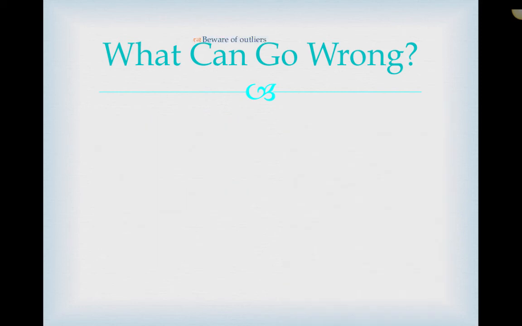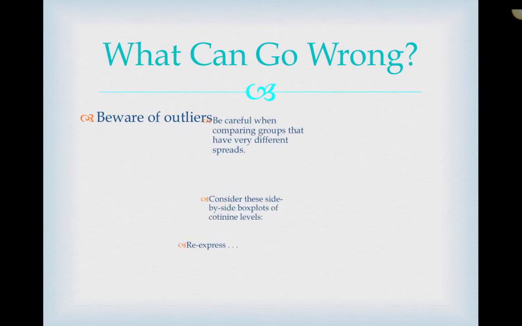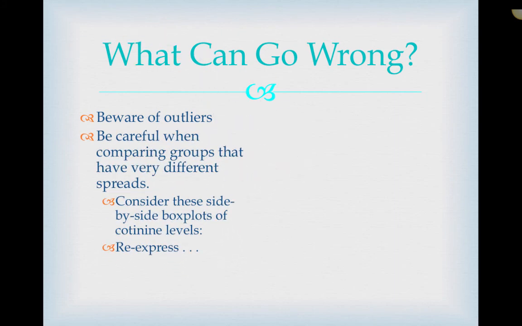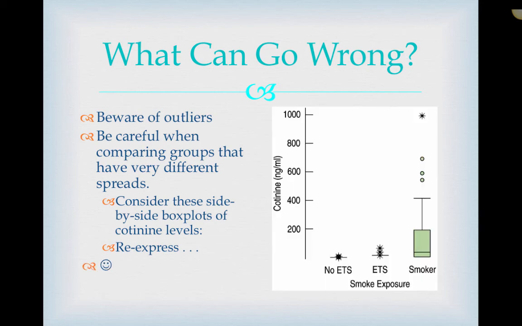Other things that can go wrong are with outliers and when you're comparing groups with different spreads. For example, we have these 3 box and whisker plots. The first thing I notice is that they all appear to have outliers, but we're not really sure if these are actually outliers because we can't see the actual box of those graphs. The reason is because of the scale. The scale works for the last box and whisker plot, but it doesn't seem to work for the first 2.